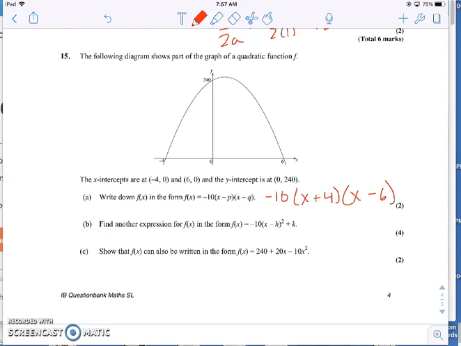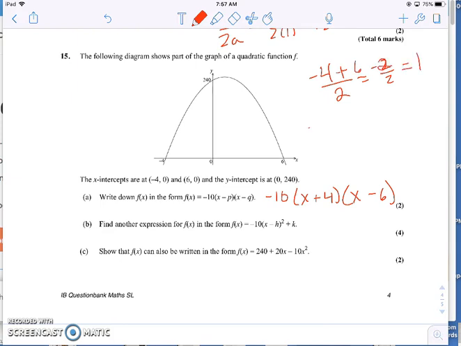Find another expression in the form. So we have to find our vertex. Well, we know our vertex is in the middle of those intercepts, so negative 4 plus 6, so 2 over 2 is 1.